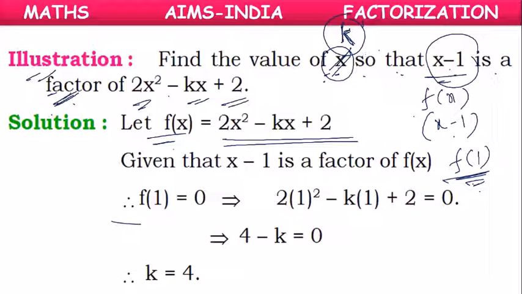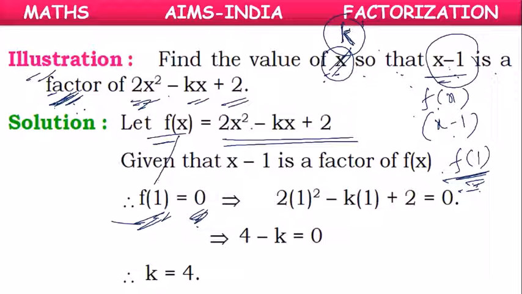If they had not given a factor, just divided, if f of x is divided by x minus 1, there may be some remainder other than 0. But they have given factor, which means it completely divides, so the remainder will be 0. f of 1 equal to 0.